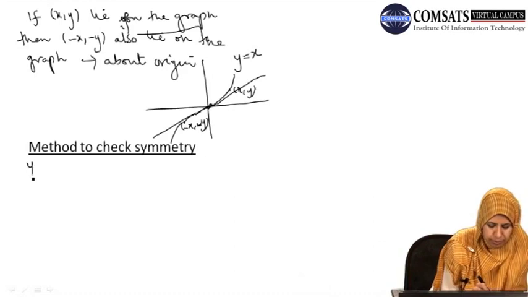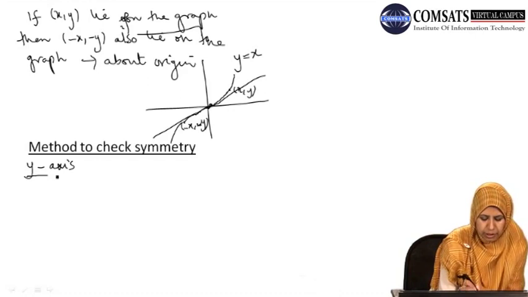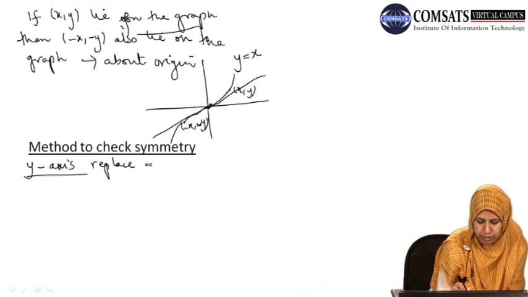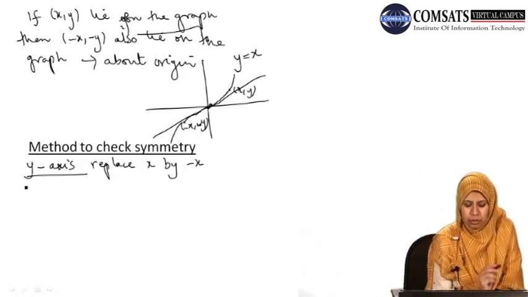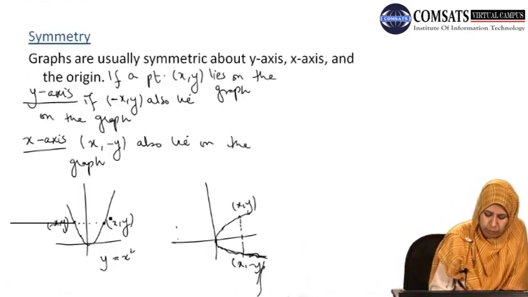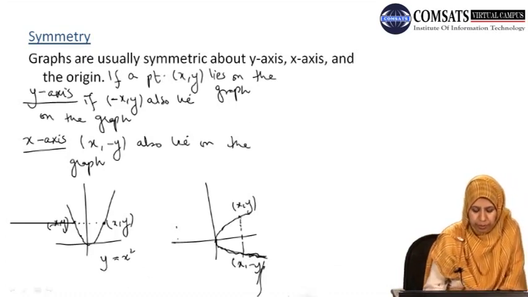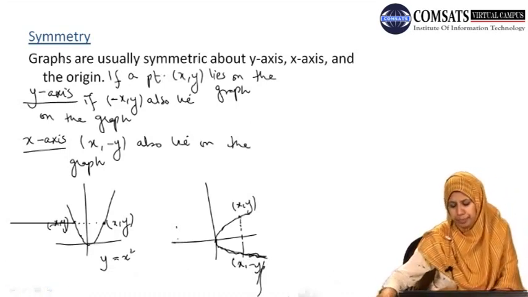About the y-axis, if we replace our x by -x and we obtain the same value of y, then our graph is symmetric about the y-axis, as in the case of our example y = x². If we replace the value of x by -x, the value of y should remain the same.